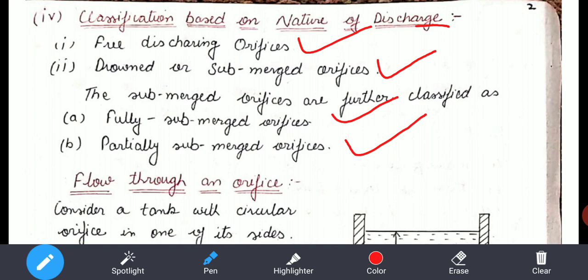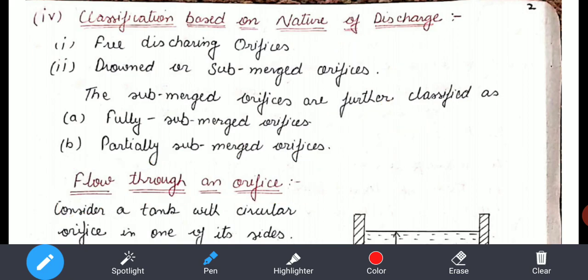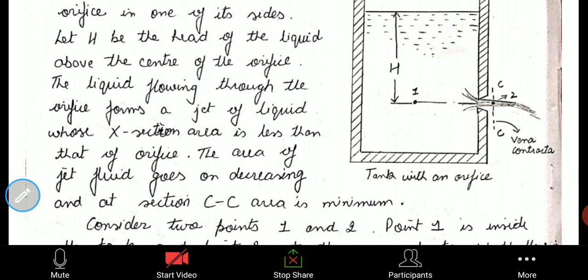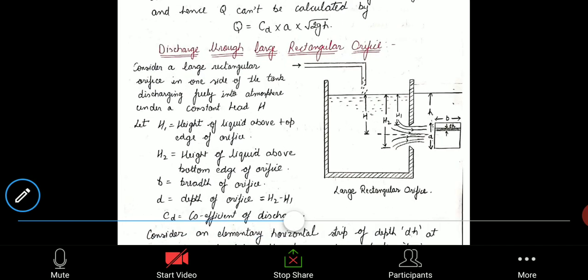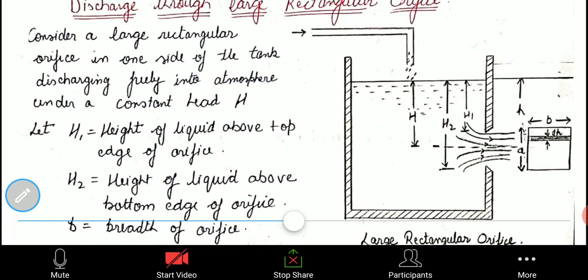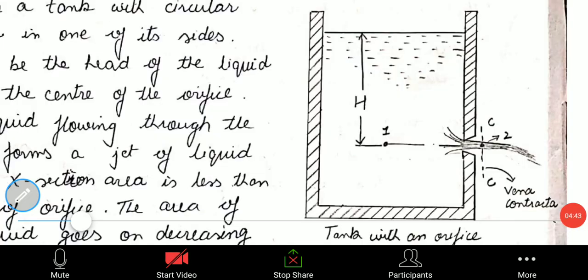First of all, we study flow through an orifice. To determine the flow through an orifice, let us consider a cylindrical tank in which an orifice is fitted.